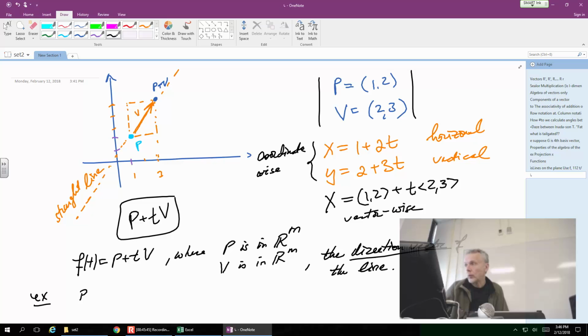Okay, suggest one. How about q equal to what? Yeah, with the p plus v, so it's (3, 5).